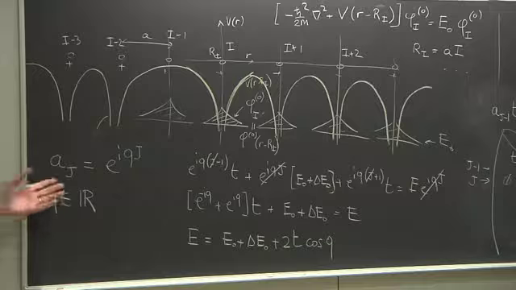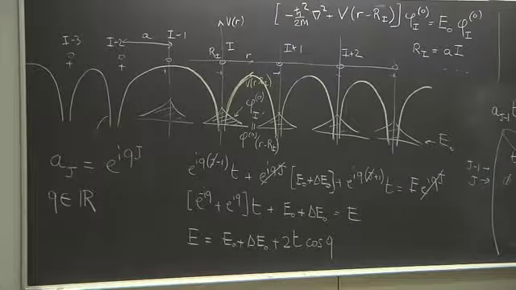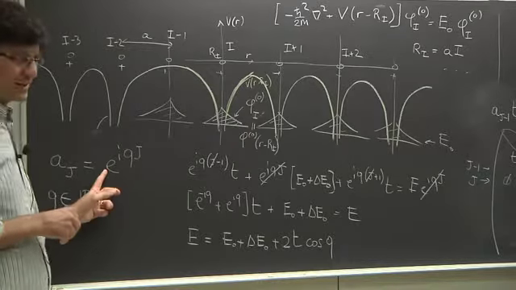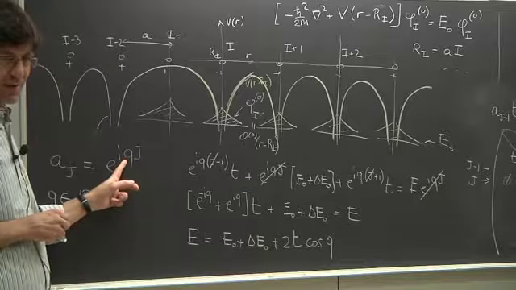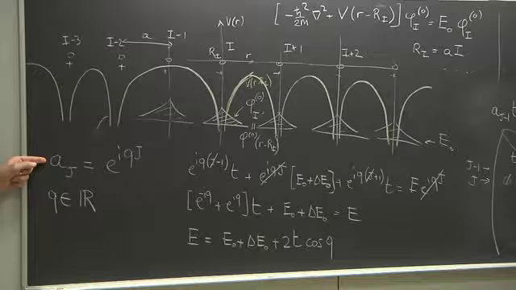So I have a number of solutions which is equal to the number of real numbers. Every different real number will give me a different solution. Not exactly, because we already noticed that if q is equal to 0 and q is equal to 2 pi, we get exactly the same solution. Do we get the same energy?